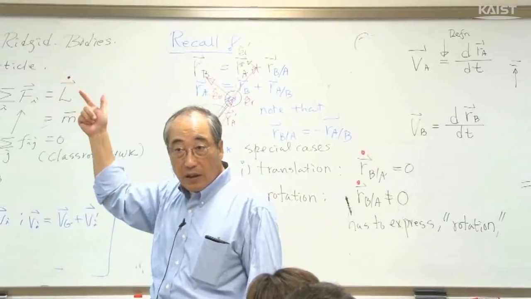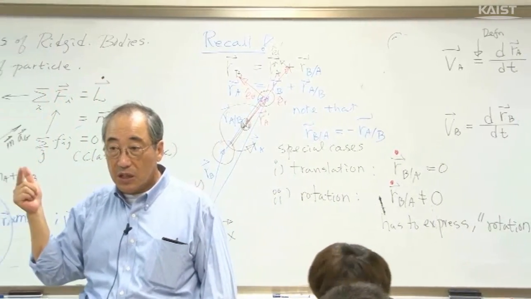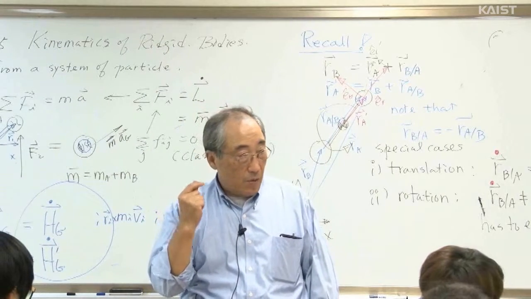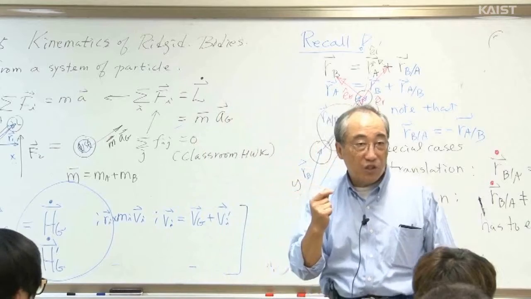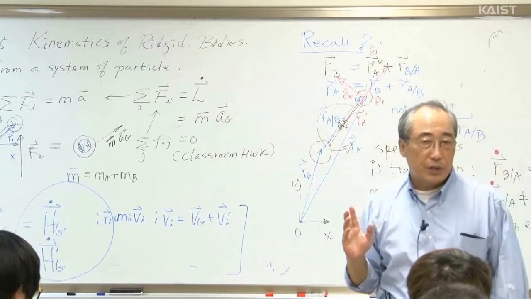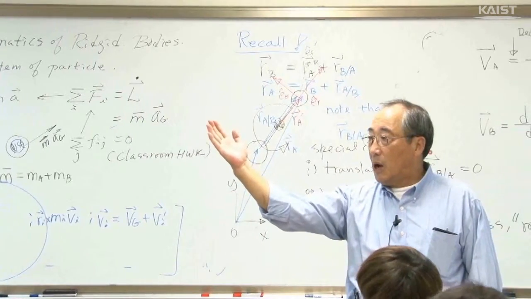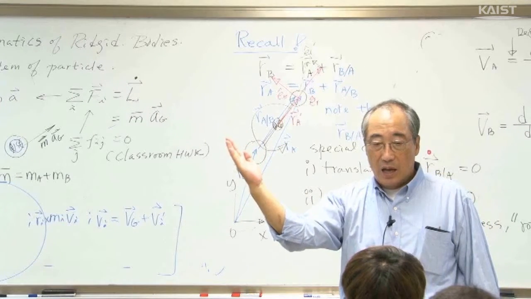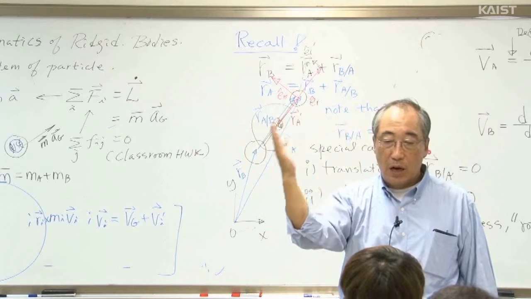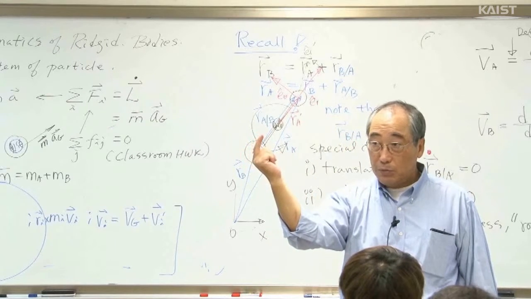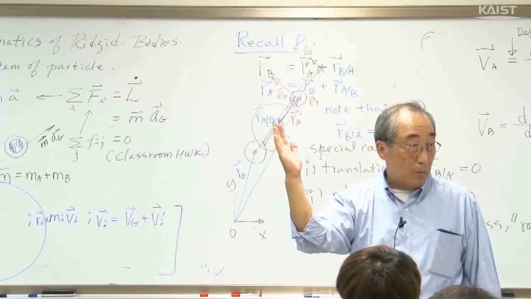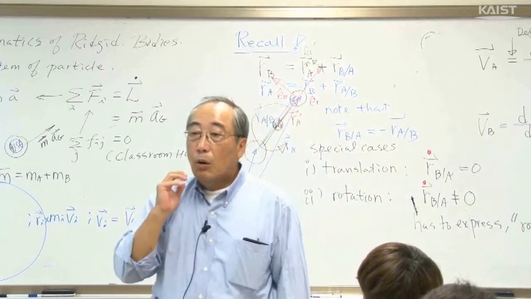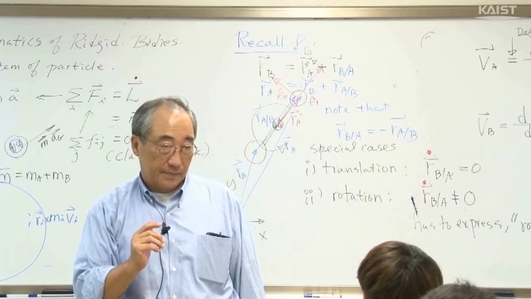So that indicates the direction of the E theta vector, and the magnitude is R multiplied by omega. That is angular velocity. And it is so obvious in this case, because the arm is RA, and it is rotating with omega, therefore the velocity of the tip should be R multiplied by omega. But the essential message I'd like to give you is omega is a vector.